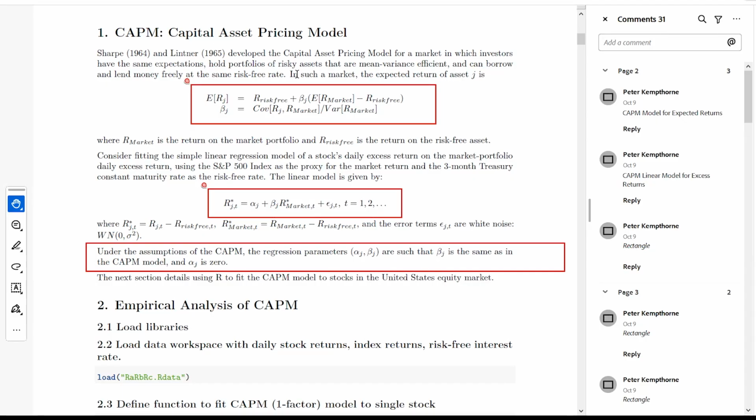Now, with these parameters, if we have data consisting of empirical returns R for stocks J at different times T, different values over T of the risk-free rate, and we consider the excess return of each asset and the excess return of the market, then this data can be used to specify a linear regression model where we have an intercept alpha j and a slope beta j for the regression.